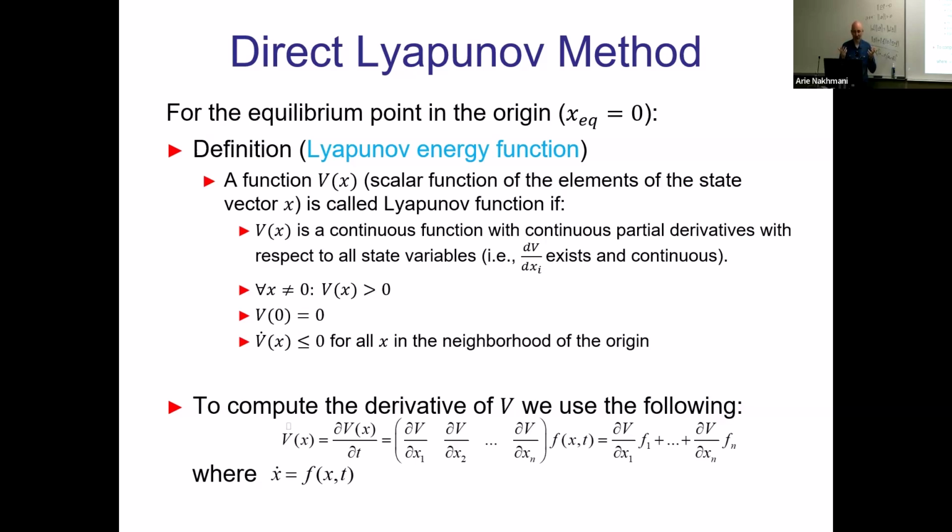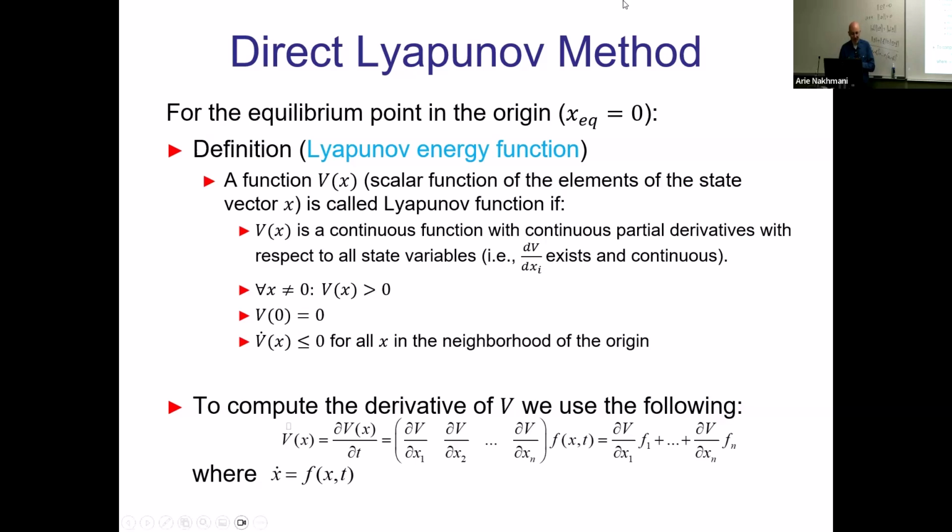You can keep the energy where the derivative will be 0, so V is not changing, or V will decay down. The energy will be dissipated, it will disappear practically with time, okay?